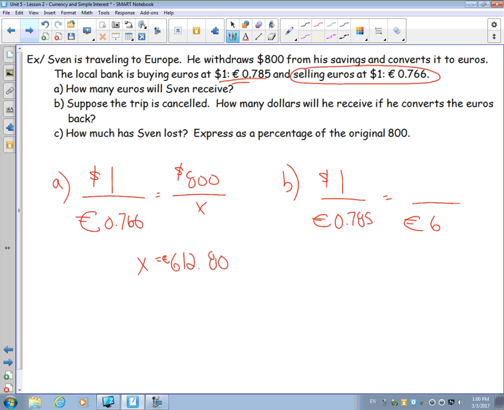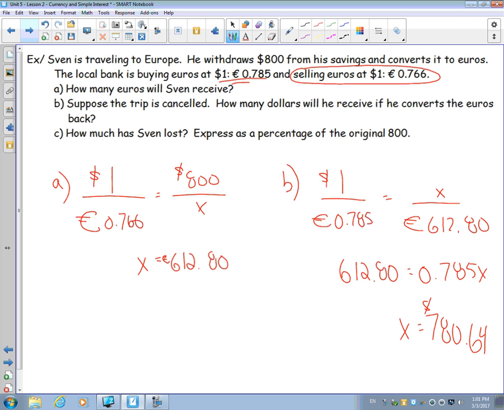He has 612.80. And he wants to know how many dollars he can get back. So we do our cross multiplying again. 0.785x divided out. And he ended up with $780.64. So by making this conversion, he's actually lost money.